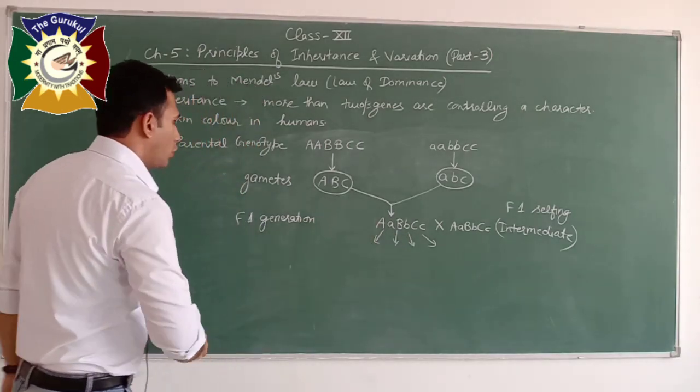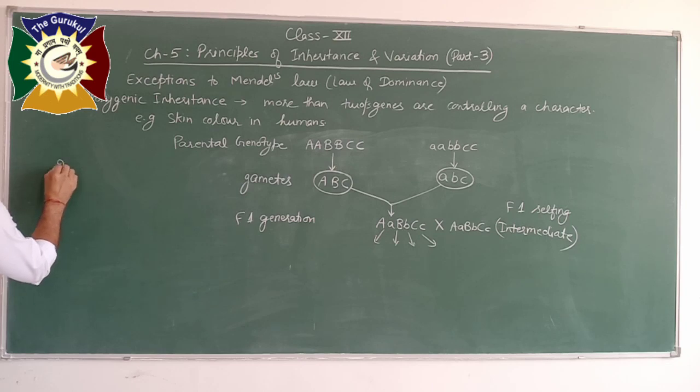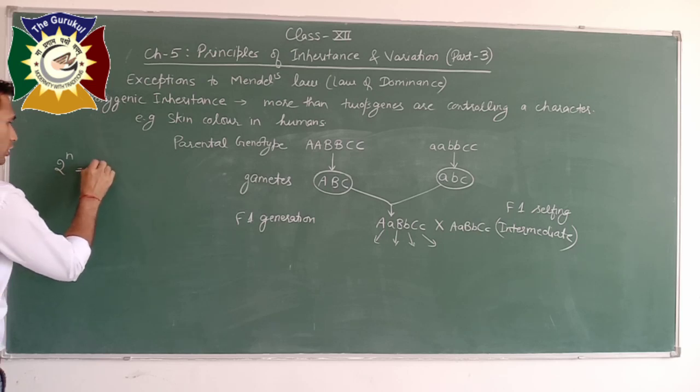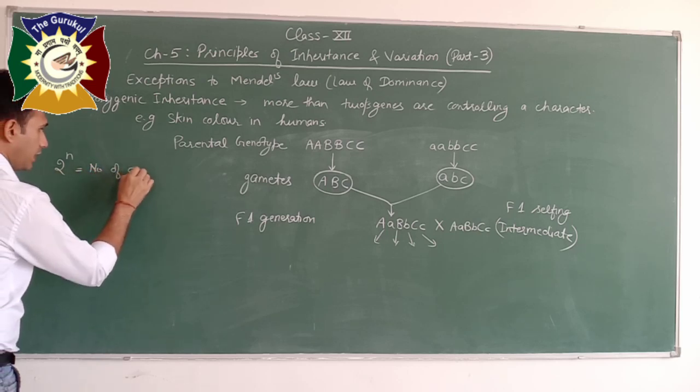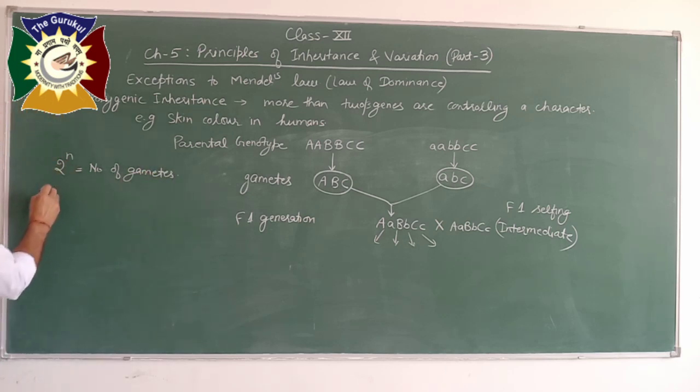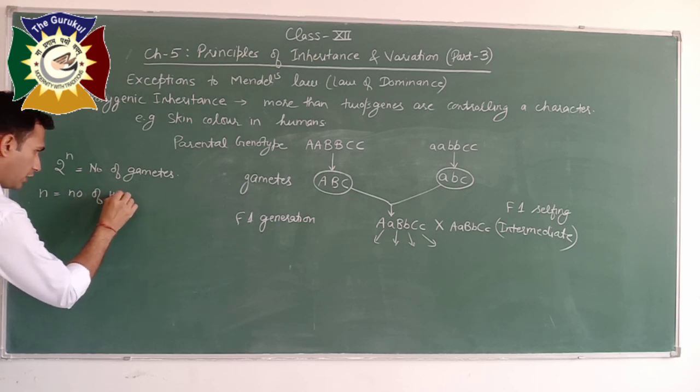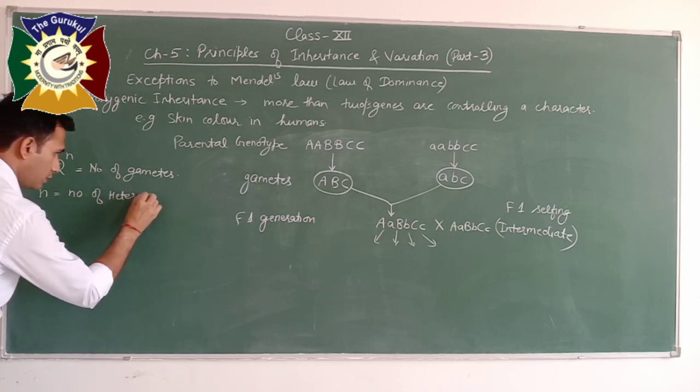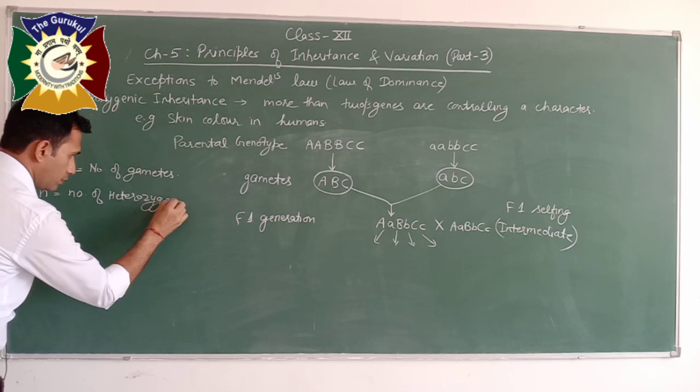So there is a formula, 2 to the power n, to find the number of gametes, equal to the number of gametes. And what is n? n is the number of heterozygous loci.